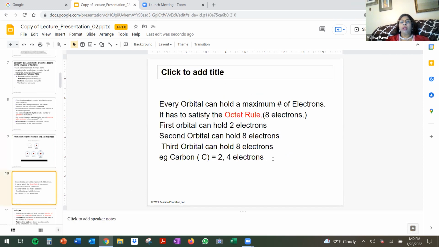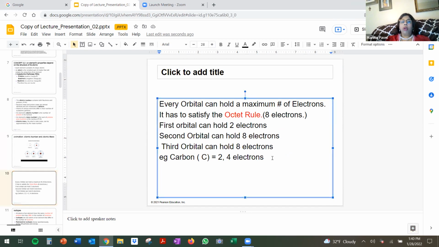This distribution of electrons in various orbitals is referred to as electronic configuration.